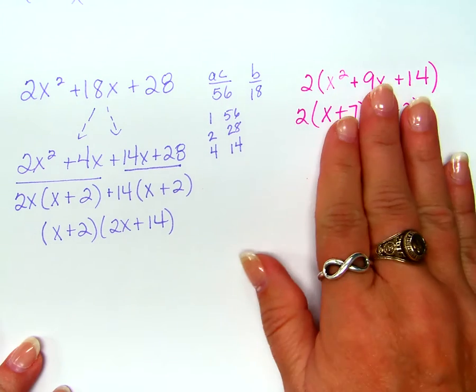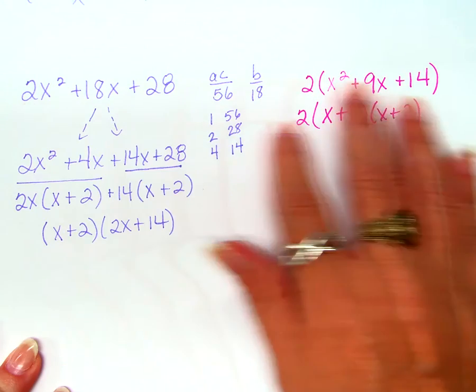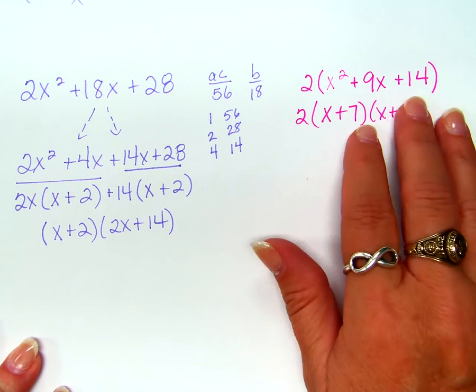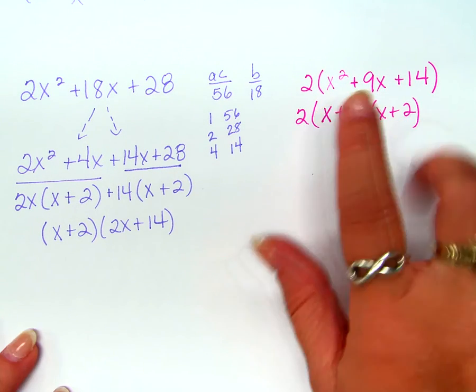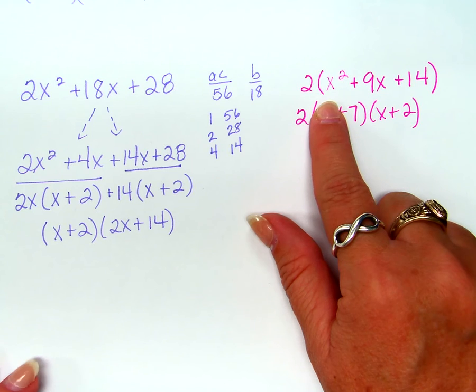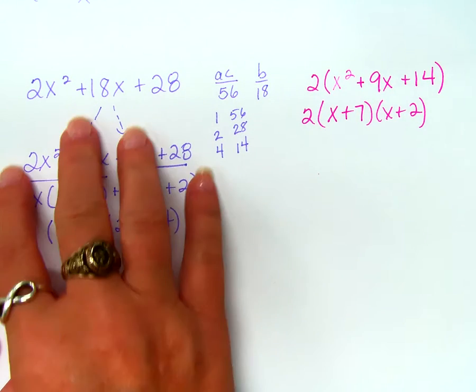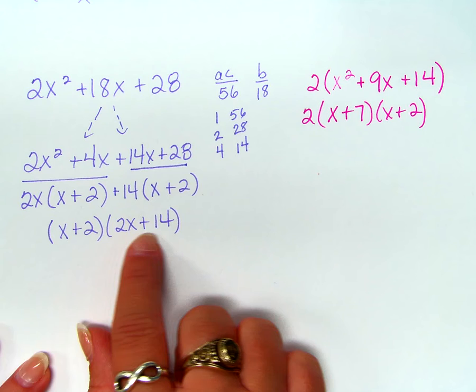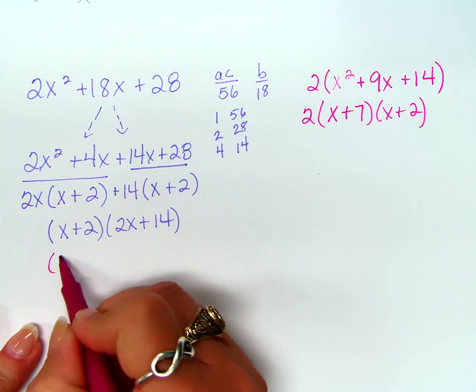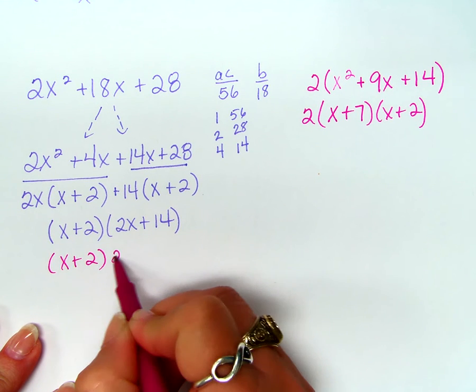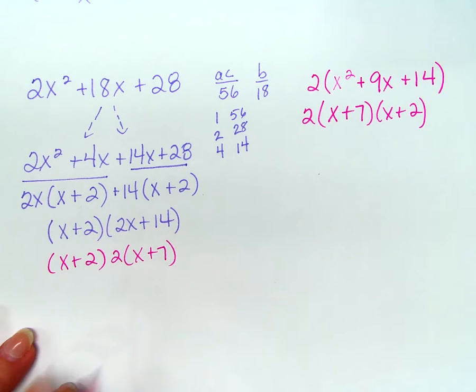Okay? So that can help. Just using GCF at the beginning can help make smaller numbers and make the shortcut possible. It's not always going to make the shortcut possible, but it could. Plus, if you get down here and forget to factor out this 2, you're not going to get full credit because it is not factored completely.